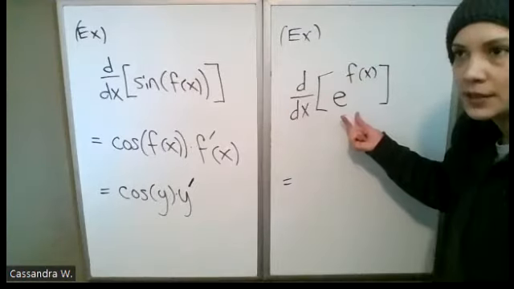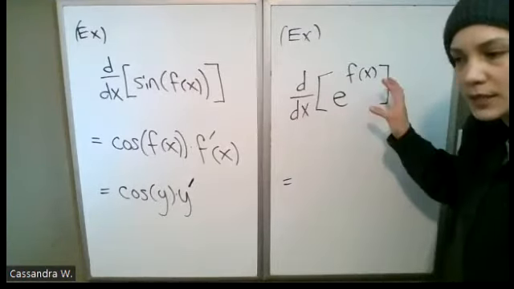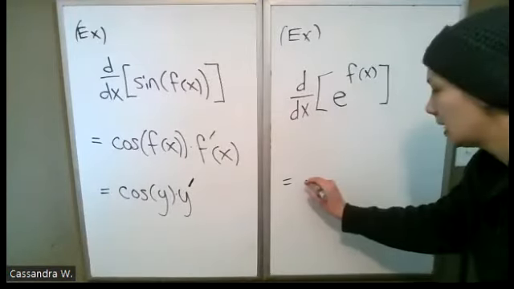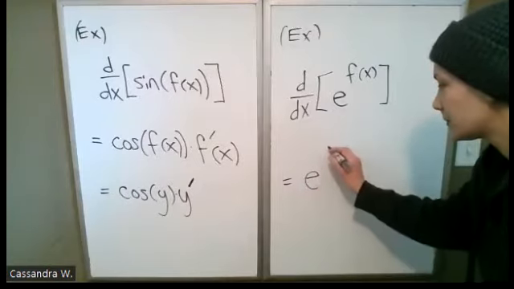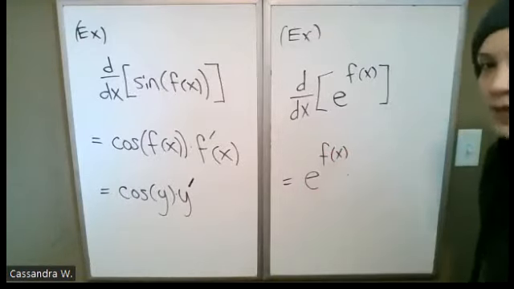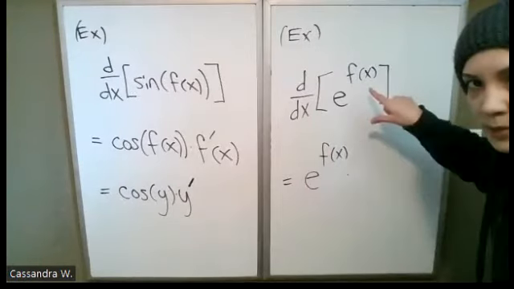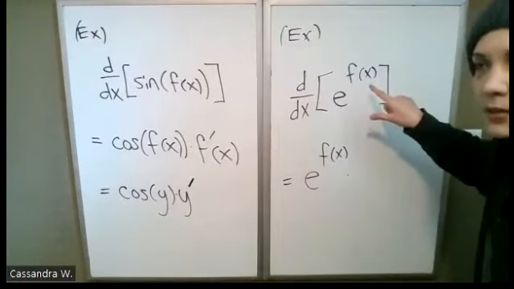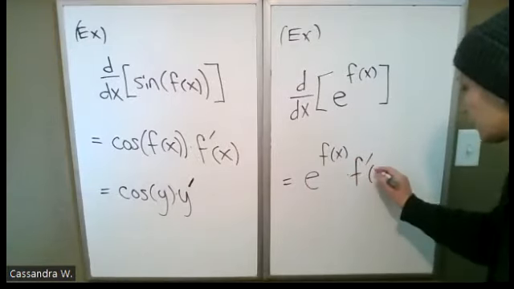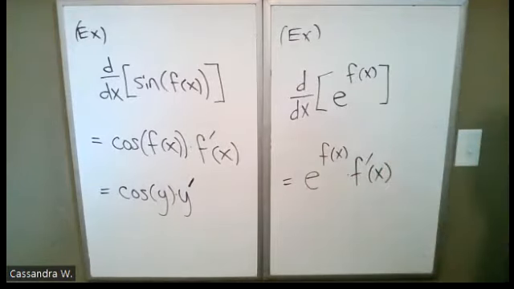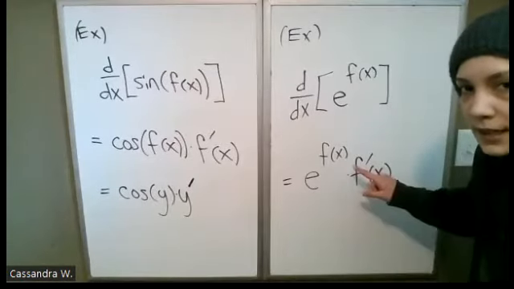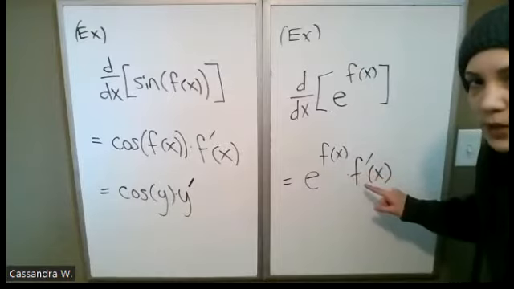The derivative for e to its power is e to that same power. And then apply the chain rule. Multiply by the derivative of the inner function, which is that power, f of x. So multiply with f prime of x. And then we can also write this as e to the y times y prime.